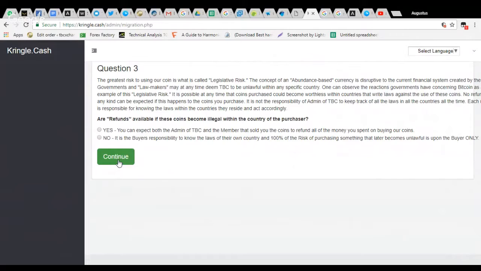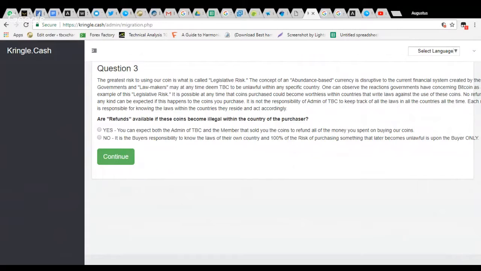It is not the responsibility of the admin of TVC to keep track of all the laws in all countries all the time. Each member is responsible for knowing the laws within the countries they reside in and acting accordingly.